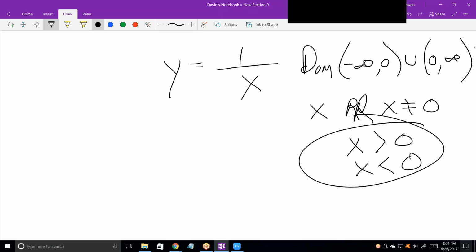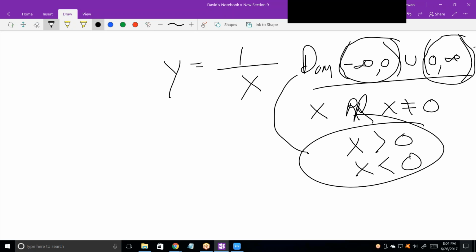In other words, when I wrote it like this, that means this interval and this interval. And notice those two intervals go from negative infinity to 0, but not counting 0. And then they go from 0 to infinity, but not counting 0. So this says the same as that. It also says the same as that. So any of those three things tell you the domain.